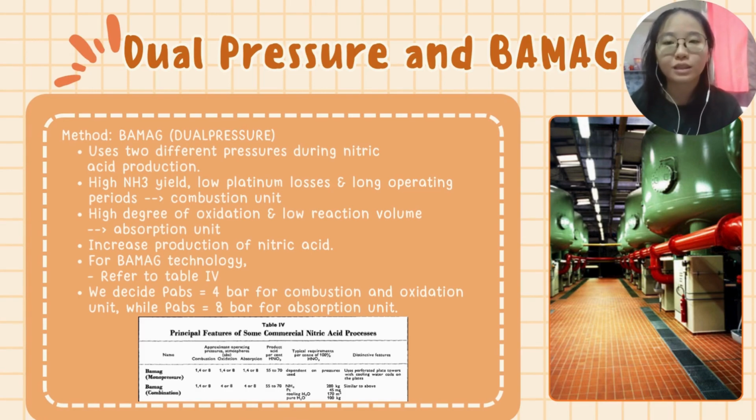Meanwhile, for the oxidation unit, as well as the absorption unit, the pressures are noted as 4 or 8. Consequently, our group has decided that the combustion unit and oxidation unit will operate at a pressure of P_abs equals 4 bar, while the absorption will occur at a pressure of P_abs equals 8 bar.